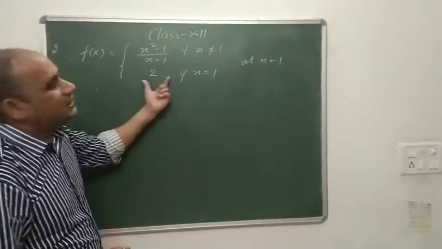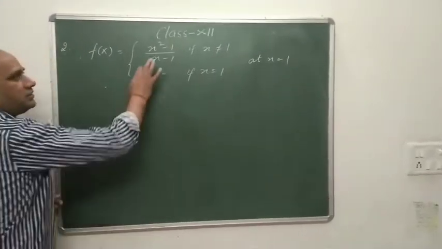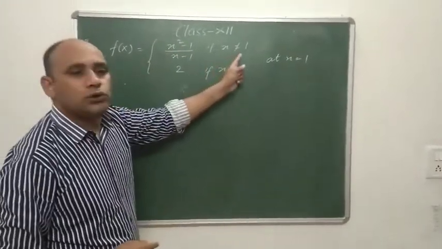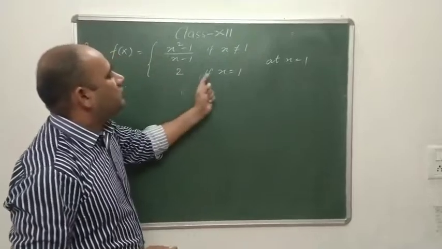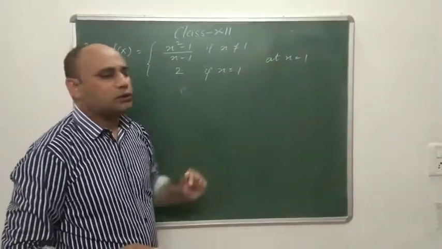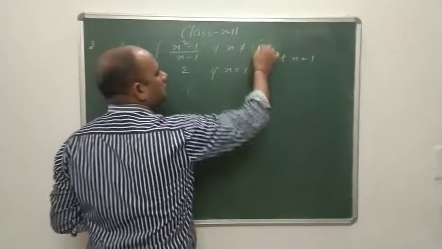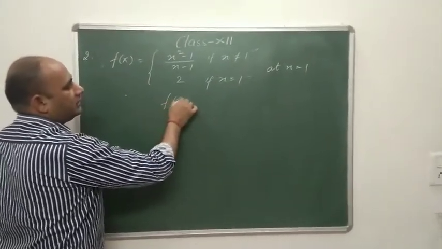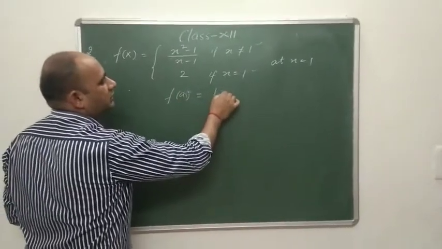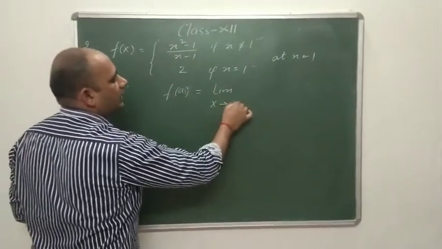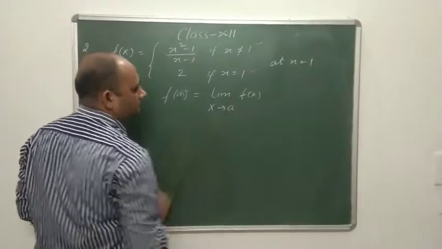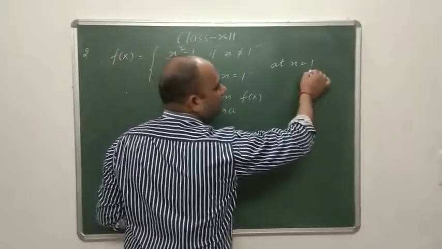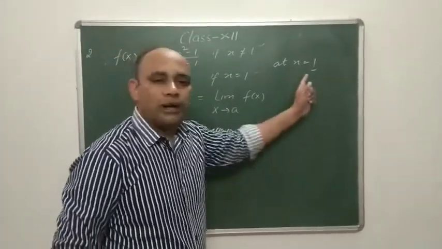Now in the second example, f(x) is x square minus 1 upon x minus 1 in case x is not equal to 1, and 2 if x is equal to 1. Check at x is equal to 1. In the same process we will follow the property f(a) is equal to limit x tends to a of f(x). Here a is 1.